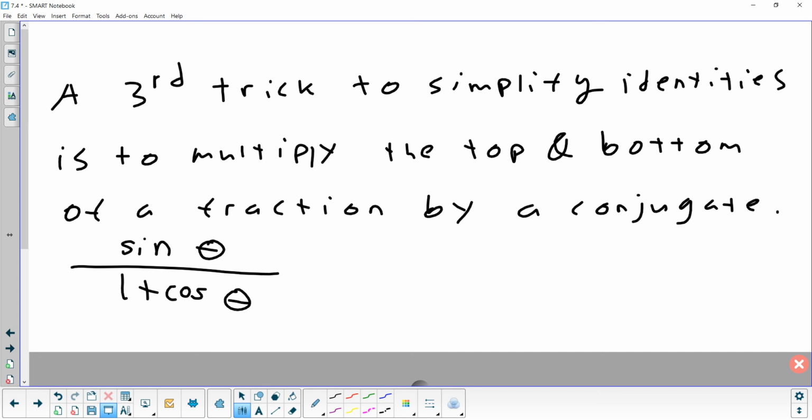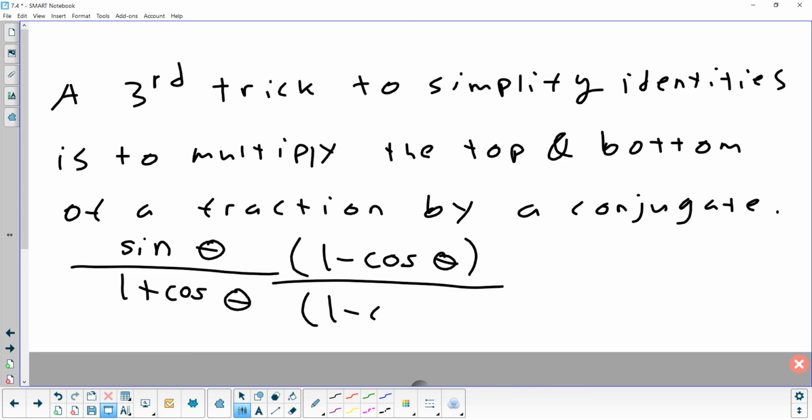It's when you have a fraction, and part of your fraction has a binomial in it, 2 terms. The conjugate is when you change the sign that's between them. So this would be an example of multiplying top and bottom by the conjugate.